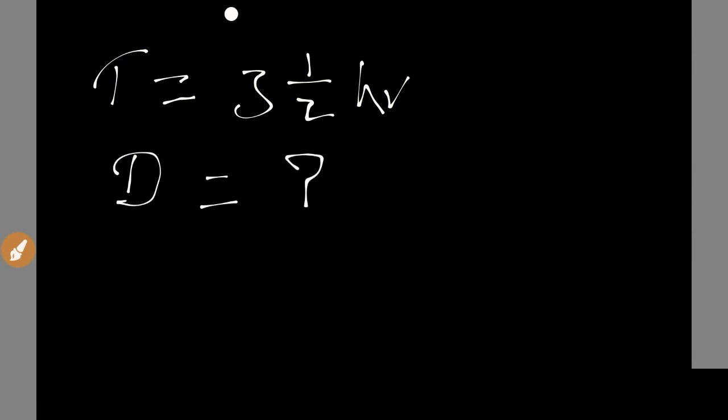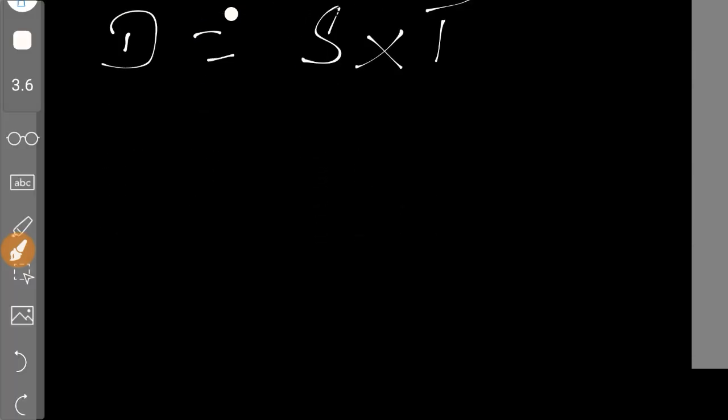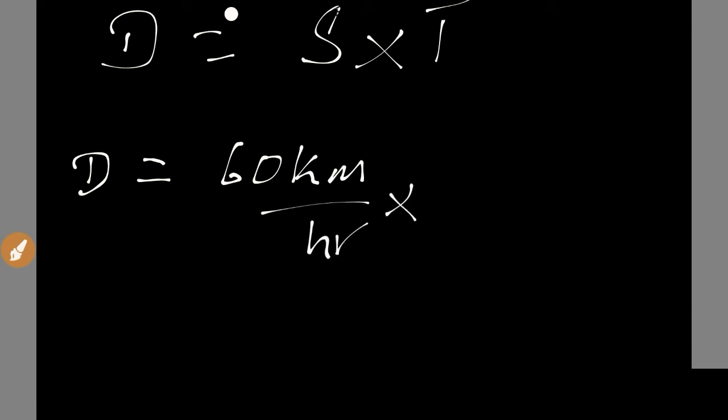Now we have the time t is equal to 3.5 hours, and the distance d is equal to question mark. So the formula, distance is equal to the speed multiplied by the time. So now the distance d is equal to 60 kilometers per hour multiplied by 3.5 hours.